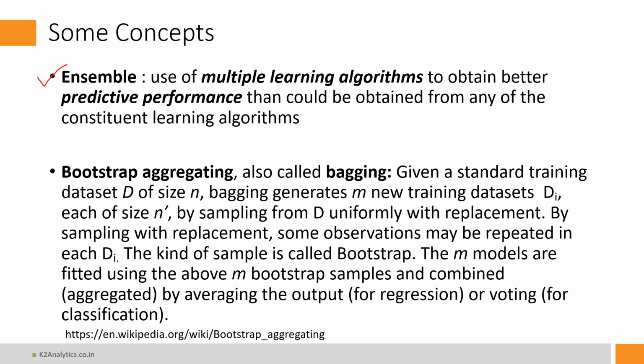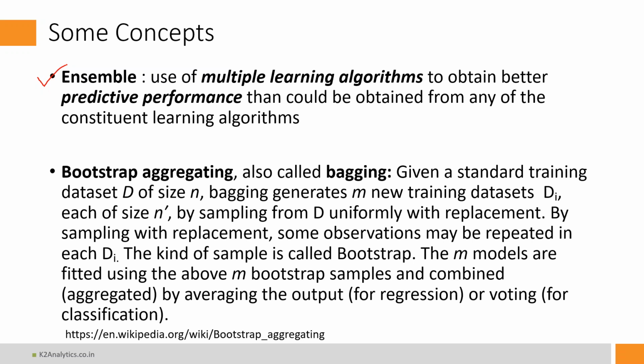So here the point is, you use multiple learning algorithms, which means you will use, say, 5 techniques. Let us say the 5 techniques that we are using are naive Bayesian, k nearest neighbor, random forest, artificial neural network, and logistic regression.